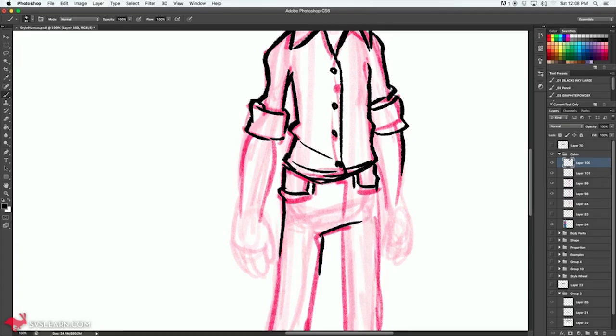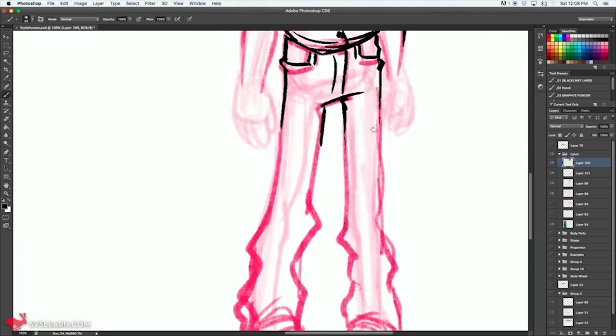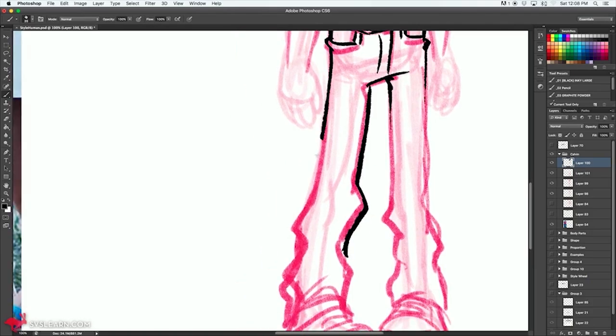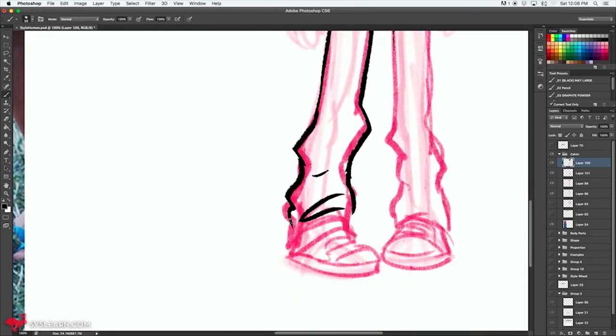I'm getting really loose with my line work because, number one, it's faster to draw this way, but number two, I think it'll add a nice design element to this character.